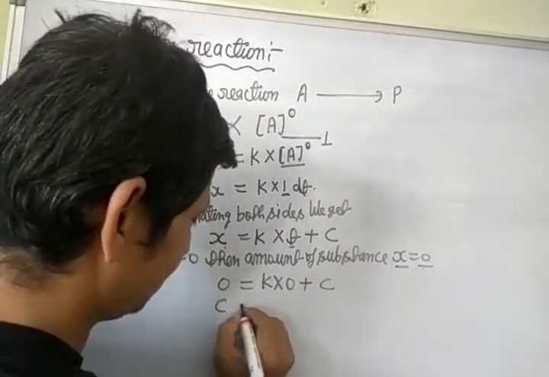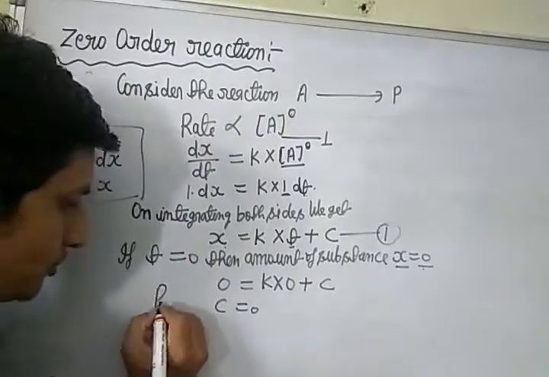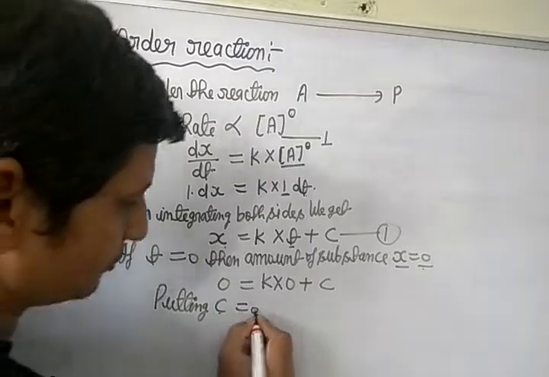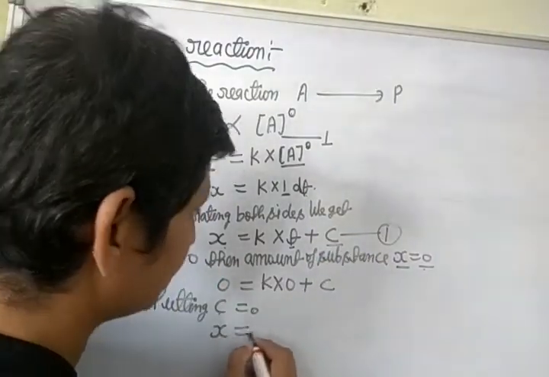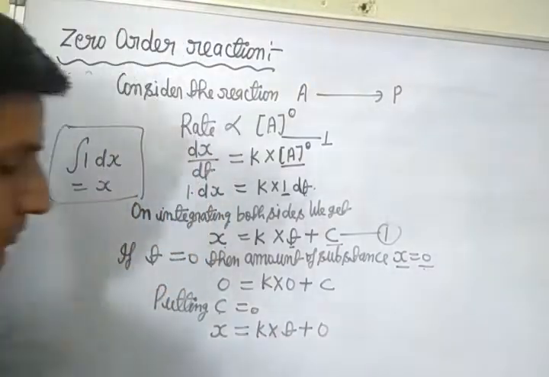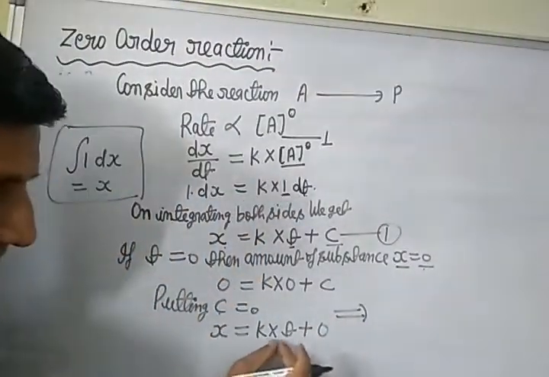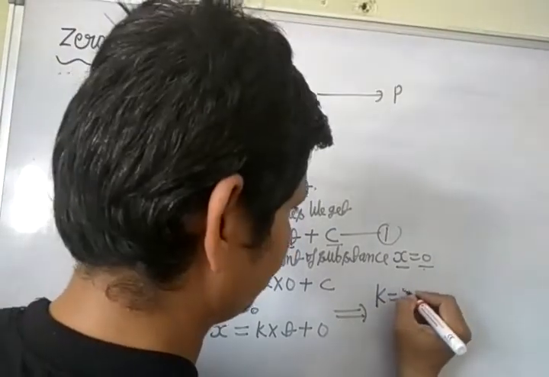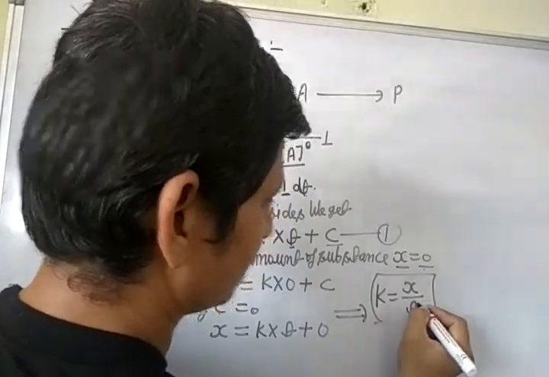Finally we get c is equal to 0. This is equation 1. Putting c is equal to 0, we get x is equal to k into t plus 0. Finally t is multiplied, so it becomes divide. We get k is equal to x upon t. So rate constant k is equal to x upon t.